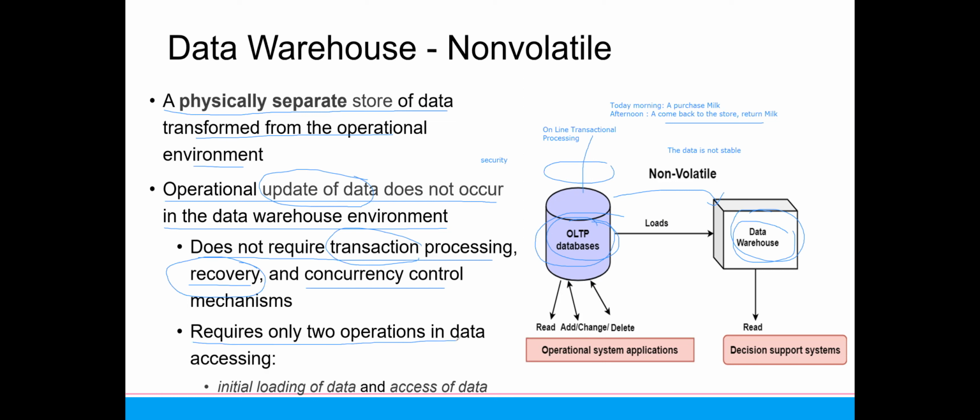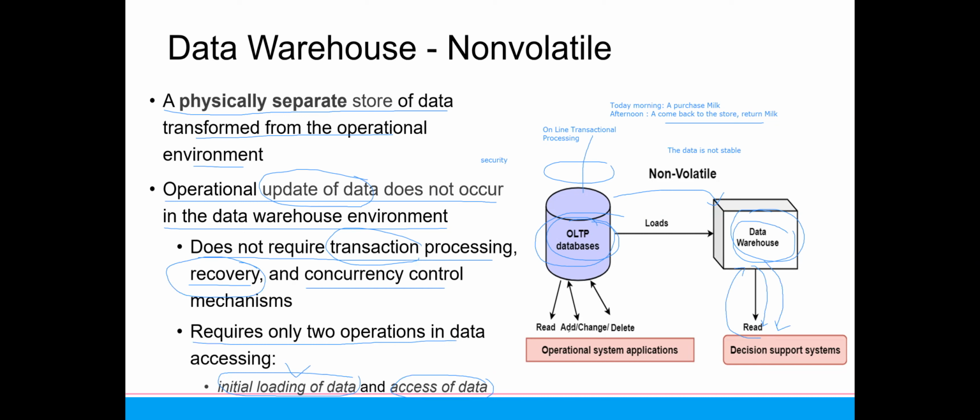And it requires only two operations: the initial loading of data and access of data. Initial loading means you will just read the data. After you read, maybe you need to get more data, so just read another data, then finish.